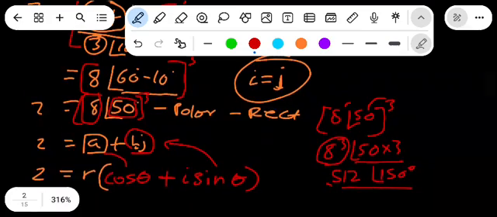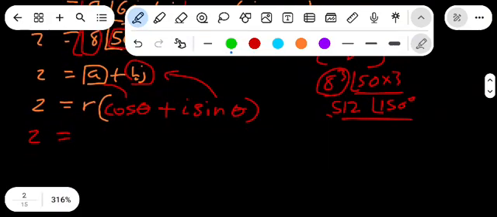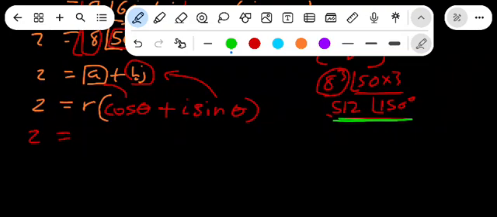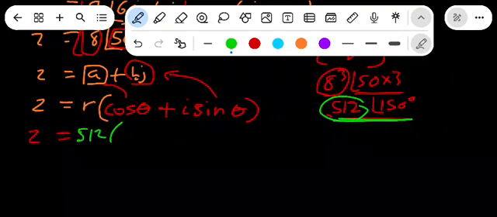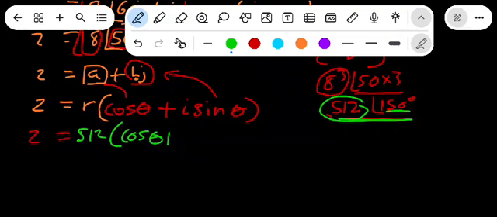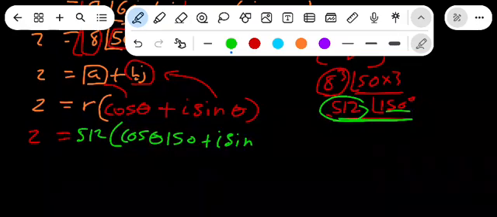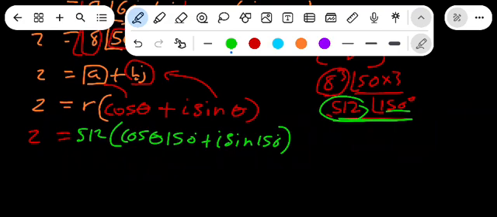Sorry guys about that, I'm just tired. So our r will be 512, and we have cos 150 degrees plus i sine 150 degrees. The rest is history; you just use your calculator.